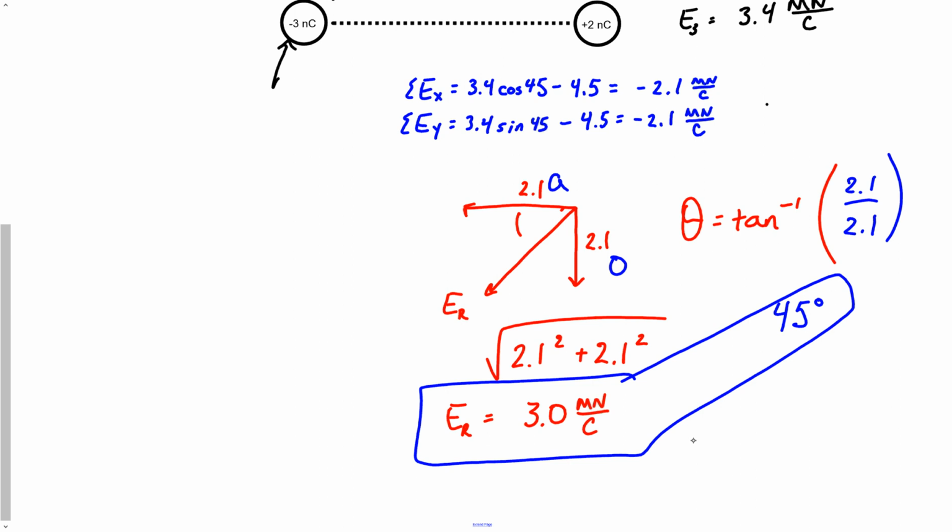The problem could also then come back and put a charge at this point and ask, what does it look like at this point for a charge? Well, that's not too bad. I know that force for an electric field is equal to the charge times the electric field.